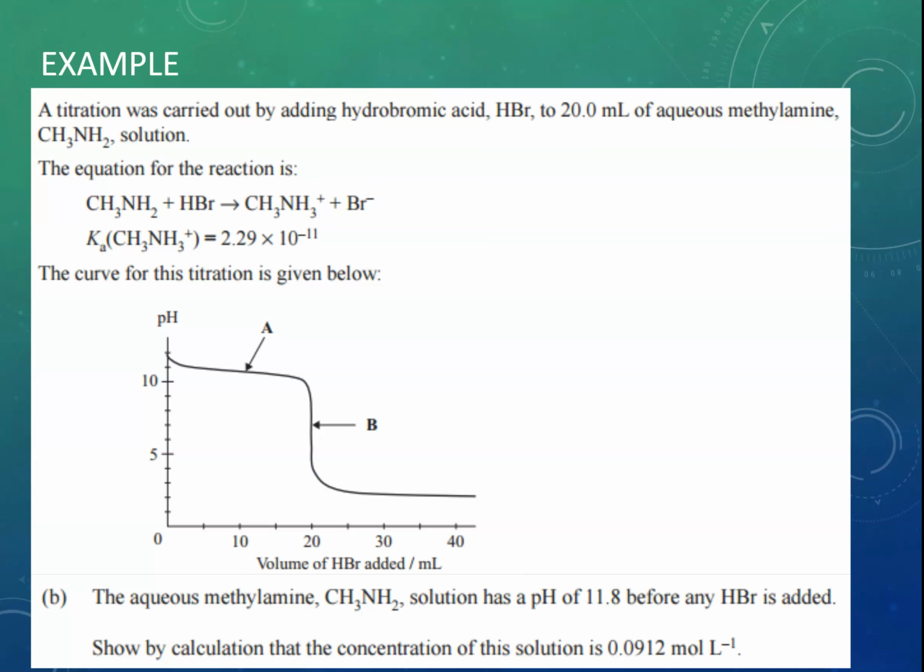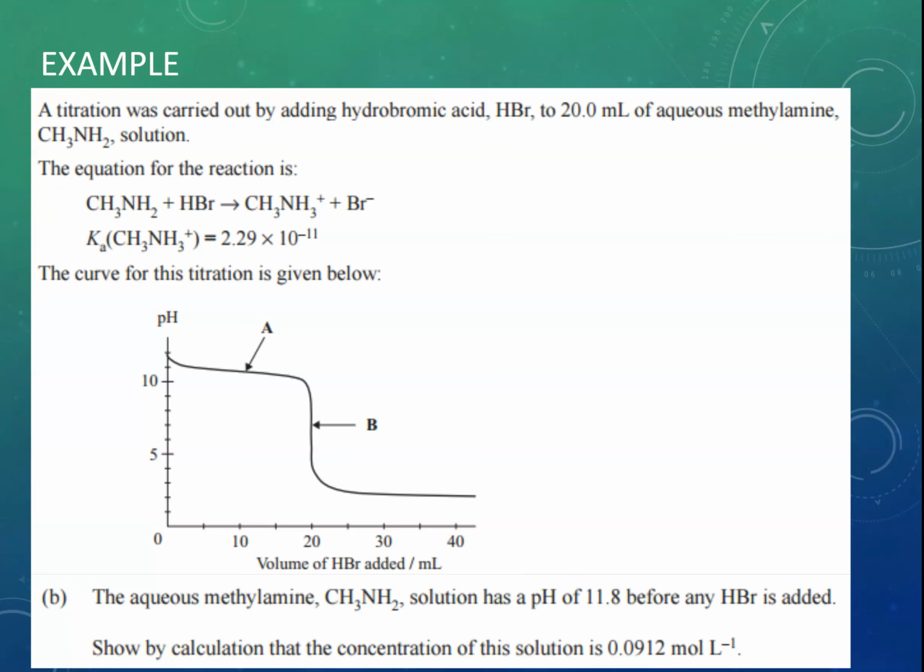So for example, here's a question, I think this one was about 2016, maybe 2017, where there was a titration of hydrobromic acid, which is a strong acid, with 20 mils of aqueous methylamine. There's the equation. Now methylamine, of course, is a weak base because it can accept a proton to form the methyl ammonium ion.